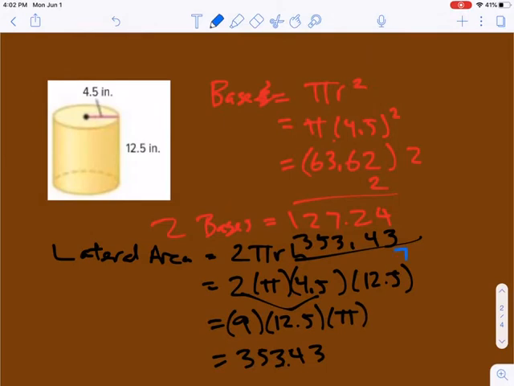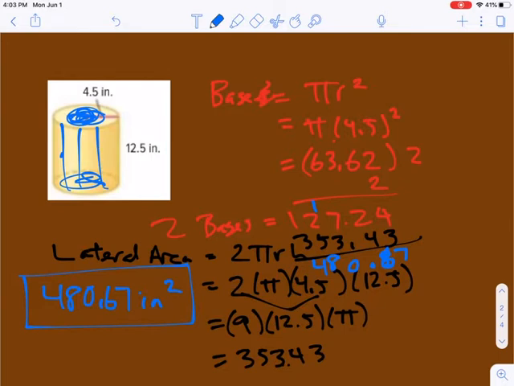So we get 7, 8, 6, 7, 6, Mr. Simons can't add, 10, carry your 1, that gives you 8, and then 4. So you wind up with a total of 480.67, and this is square inches because we're talking about area. So you find your bases, and then you find your lateral area, and then you add it all up.